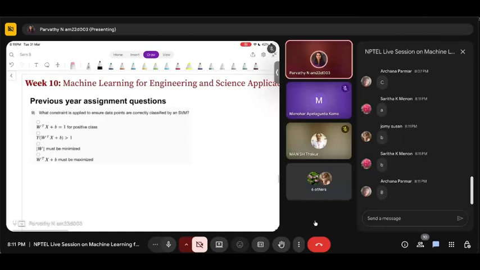This is y into W transpose x plus b greater than or equal to 1.